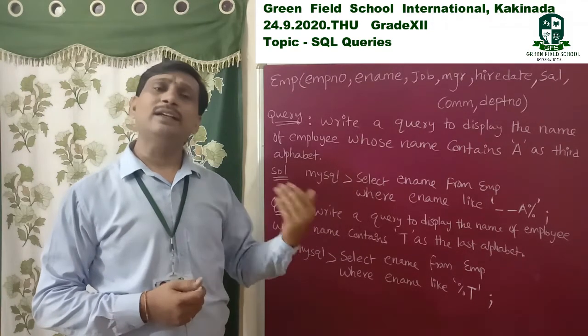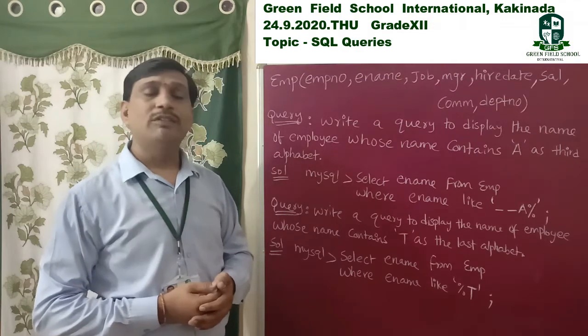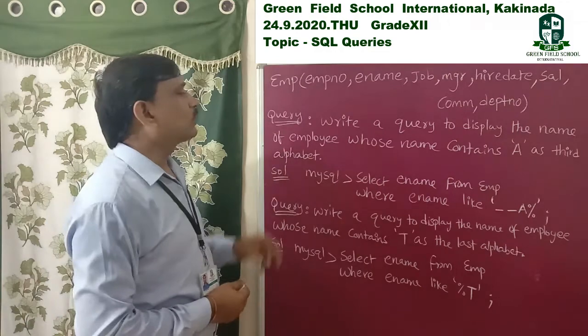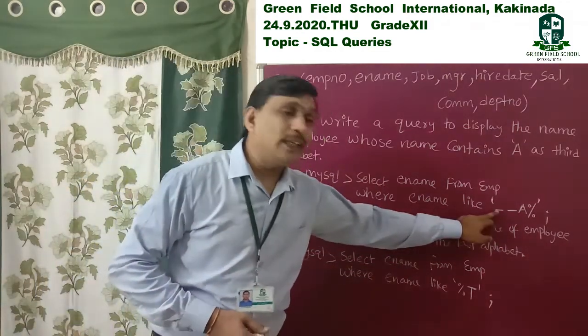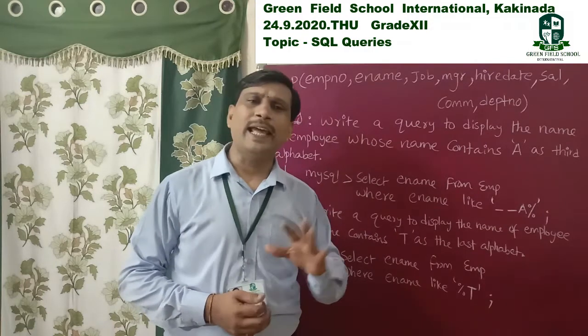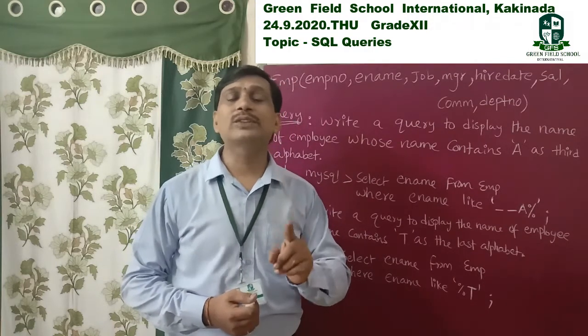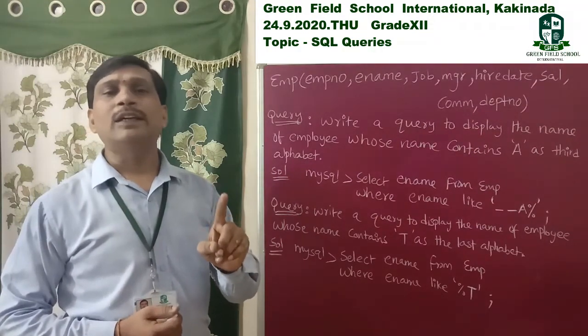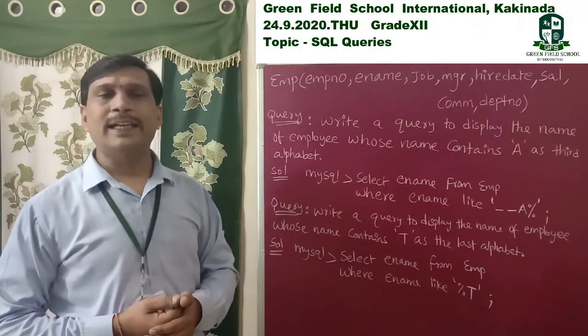Anything can replace those 2 letters. That's why we use underscore here. Underscore represents a single character, any character. Always underscore represents one and only one character.